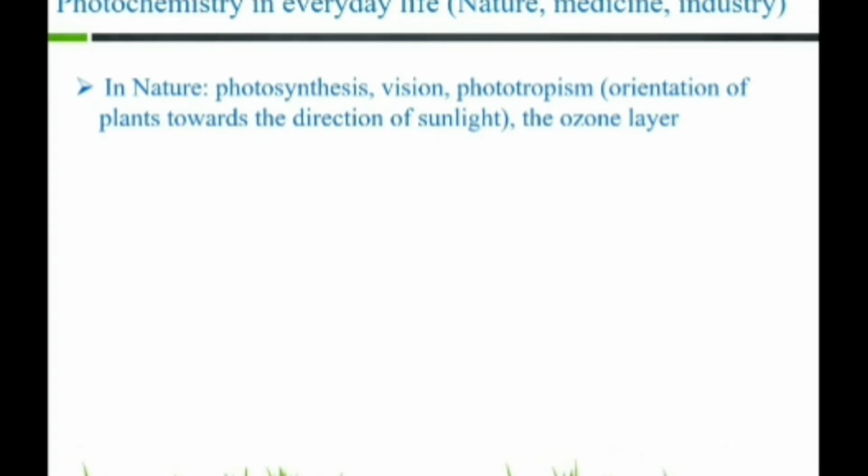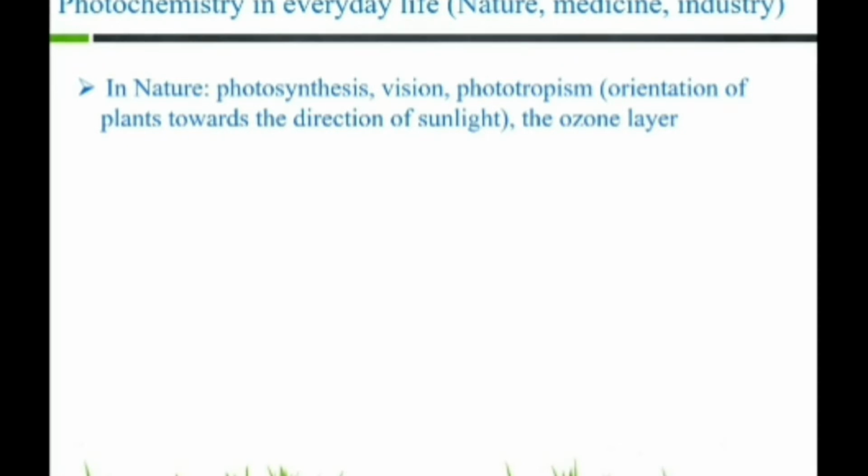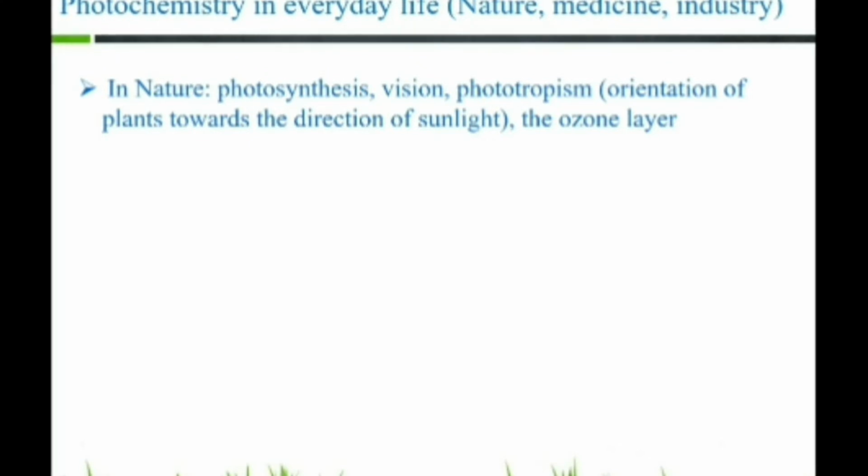We see things; our vision is connected to photochemistry. Phototropism means if you plant a small plant, its branches will grow towards wherever sunlight is available. That's what we call phototropism.